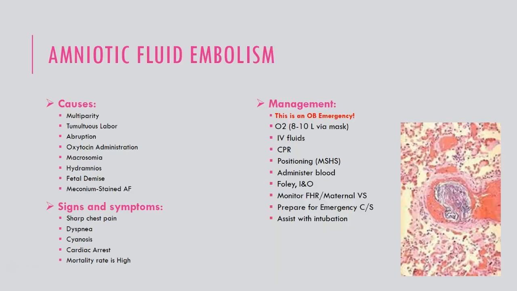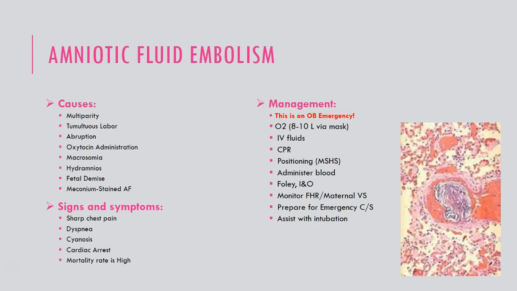Amniotic fluid embolisms are caused by a rupture in the amniotic sac or maternal uterine veins, and it's accompanied by a high intrauterine pressure that pushes that amniotic fluid, or whatever the contents are, into the maternal circulation. So there's a pressure change from inside the uterus, and we know that things will flow from areas of high pressure to areas of low pressure.